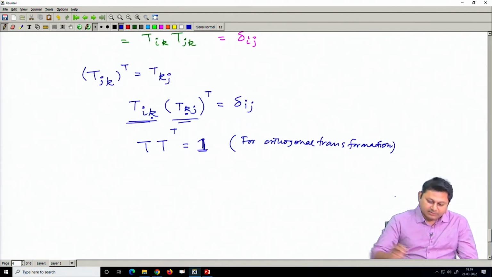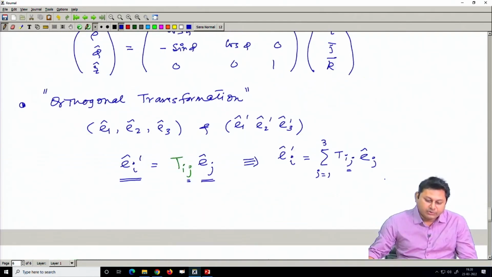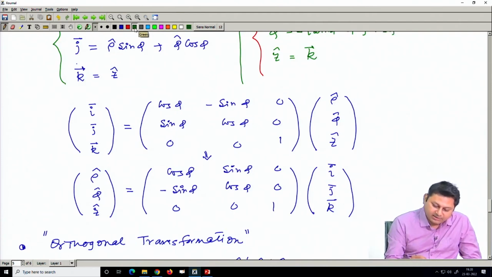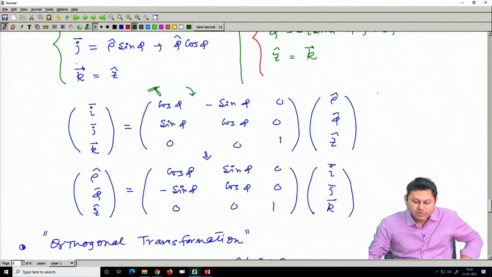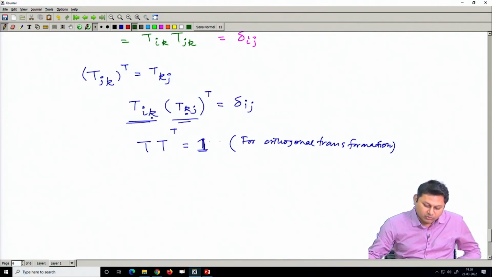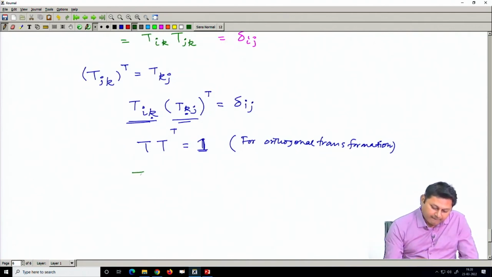So if you now look back at the matrix, this matrix is eventually my T matrix, and I am making an orthogonal transformation here. Whatever matrix I have here, T transpose, should follow that T multiplied by T transpose is unity. In other words, T transpose is equal to T inverse, that is the property that always holds.